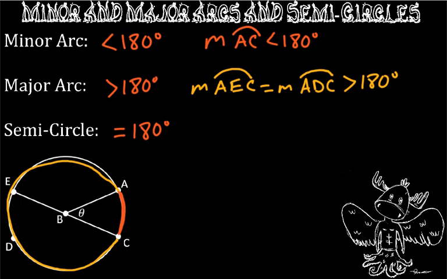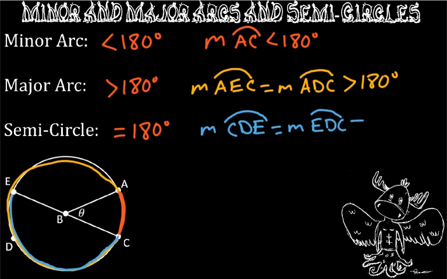And for the last little bit of our explanation here, a semicircle is half of the circumference of a circle. So the measure of arc CDE, whoops, make sure to put an arc there, not a line segment, is equal to the measure of arc EDC, which is equal to 180 degrees. And that's the general idea.